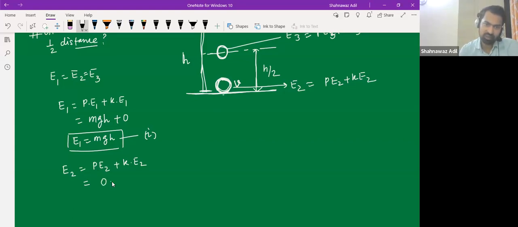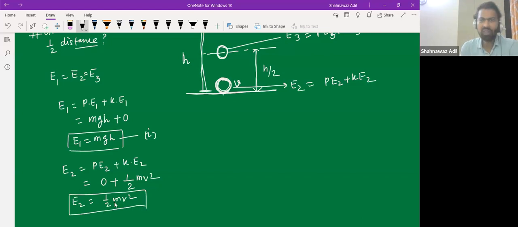So this is 0. And kinetic energy is how much? Half mv square. So E2 is half mv square.